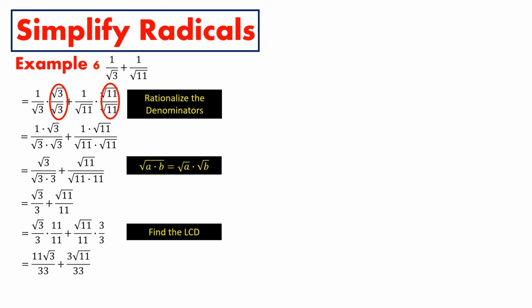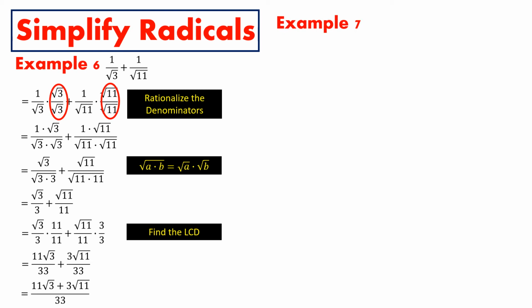Note that since the two terms share the same denominator, we can rewrite these two terms into one single fraction. The sum of the two terms is just 11 square root of 3 plus 3 square root of 11 all over 33.